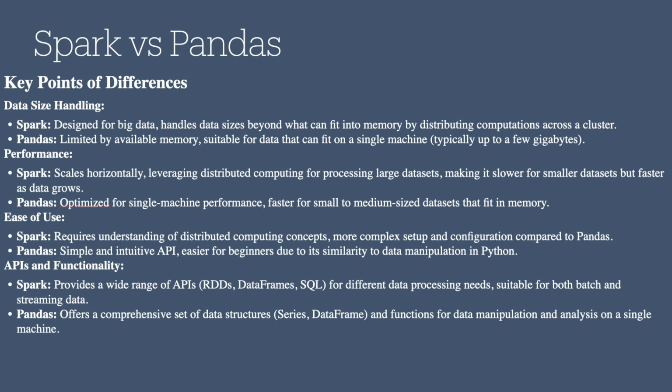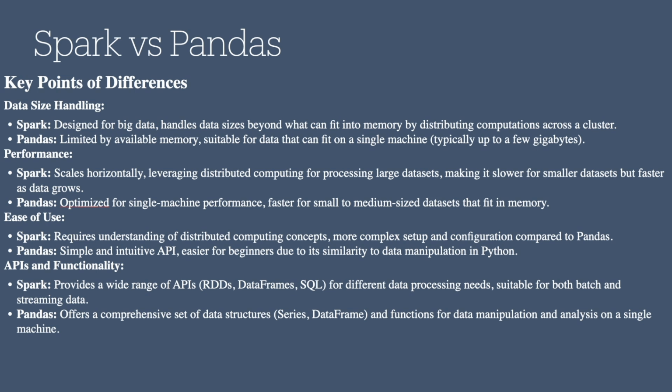Performance-wise, Pandas operations are very fast on smaller datasets because it operates with in-memory computation and is very optimized for single-node processing. But Spark excels in performance for large datasets.